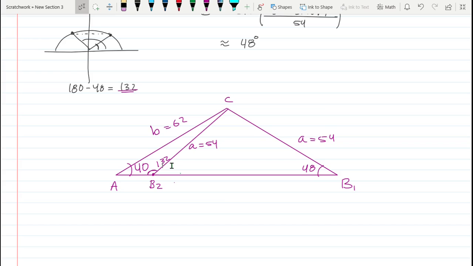So that's why we're allowed to have this big angle here, and this one is relatively small.